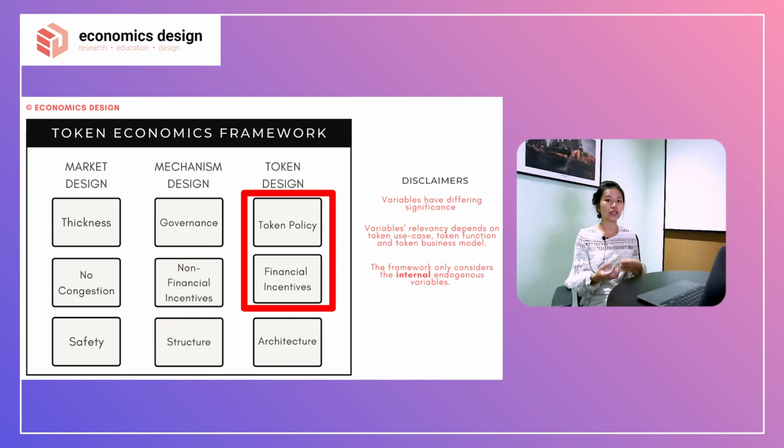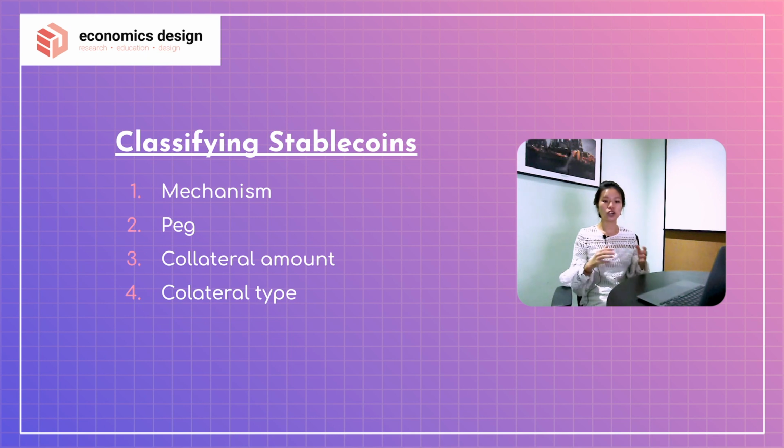So we want to understand the different kinds of policies related to the token that are embedded and programmed into its code, as well as some financial incentives that allow this entire ecosystem to be very robust and to continuously allow the different agents to interact so as to get that $1.